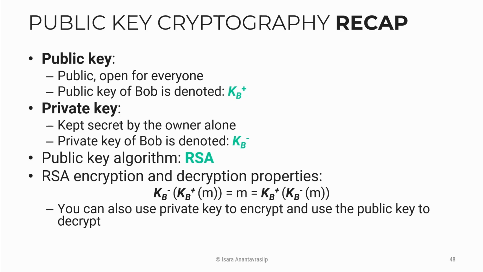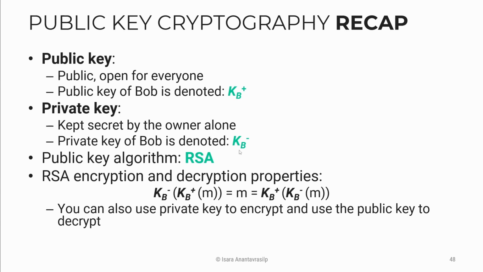Before we go on to the authentication process, let's have a recap on public key crypto. In public key crypto, we have two keys, public and private keys. The public key is open for everyone, and it is denoted by a plus sign here. So KB plus refers to the public key of Bob, and the private key is the key that is kept secret by the owner alone.